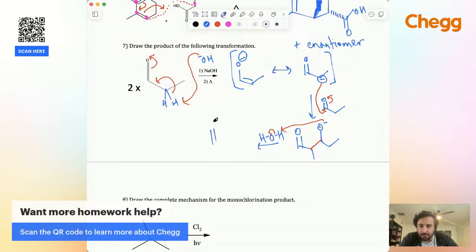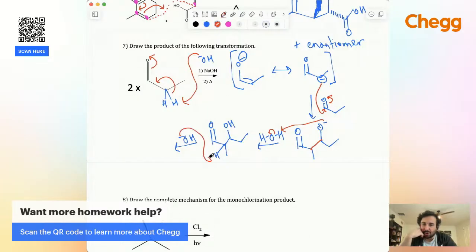And we're here now. And then we've got more hydroxide in solution, so we can go again, right? This proton right here is just as acidic as back here. It's still alpha to the carbonyl. So let's go ahead and grab it.